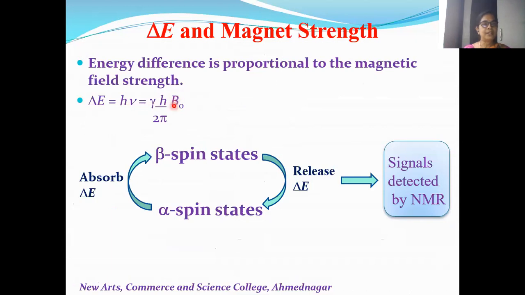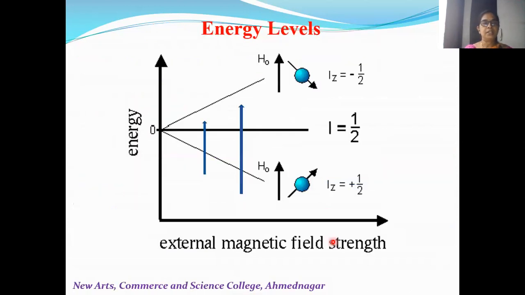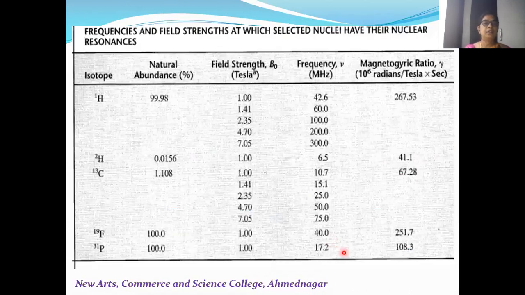If the magnetic field is kept constant, in our example 1 Tesla, the gamma is changing, therefore the energy difference is changing. And this is the reason why C13 is not interfering in the spectrum of H1 or H1 is not interfering in the spectrum of C13. That is, the spectrum of the proton H1 will not have the signals corresponding to C13. This is because the absorption frequencies of the two nuclei are totally different.